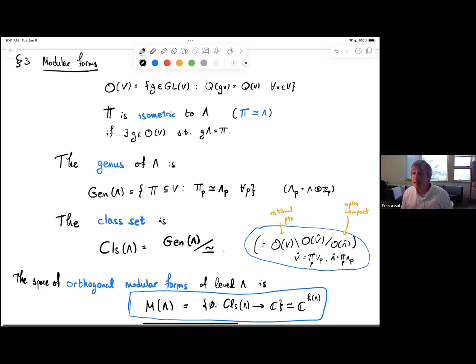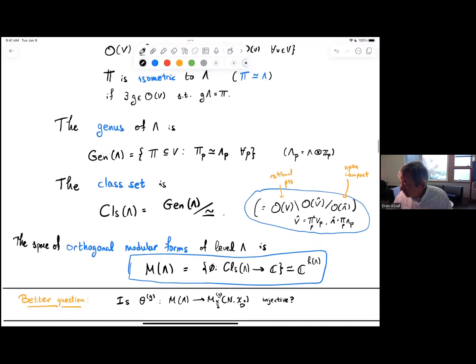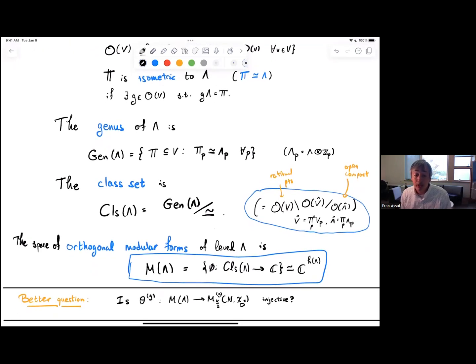And by extending linearly functions on isometry classes of lattices, I can get functions on this space of modular forms. Okay, so we get a better question. Is this generalized theta map from the space of orthogonal modular forms to the space of Siegel modular forms injective?